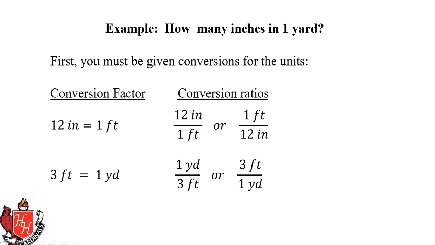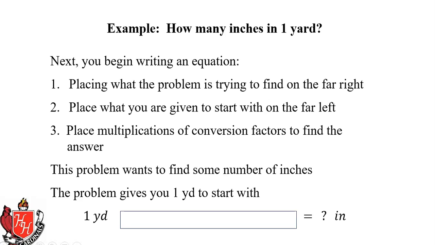Those are both logical statements. Now the same thing with 3 feet and 1 yard. So there's 1 yard for every 3 feet, or there's 3 feet for every 1 yard. Those are both valid statements. The reason you do it both ways is you don't know which one of these you're going to need to solve your problem. So let's go on to the example and you'll see how this works.